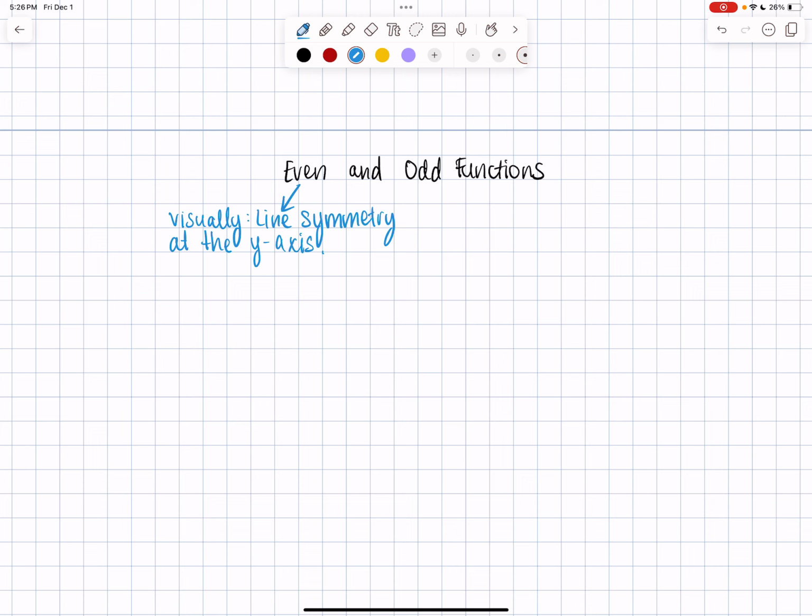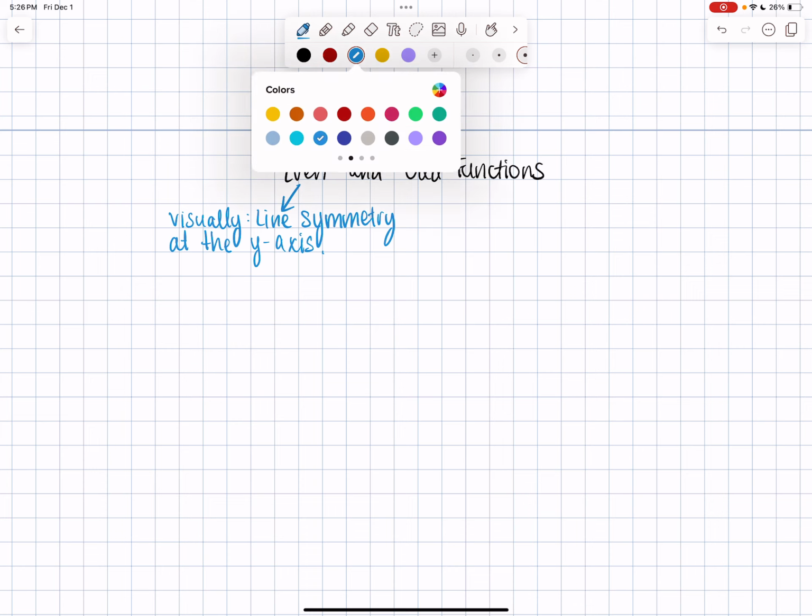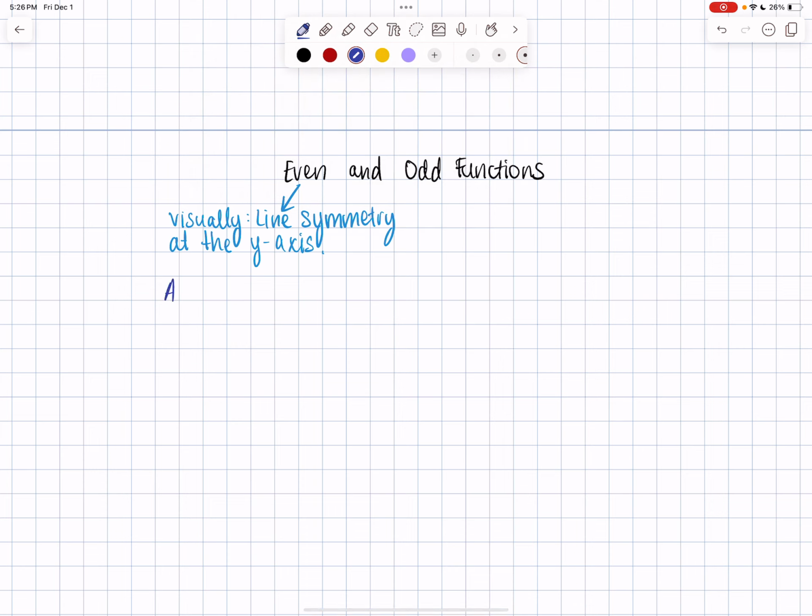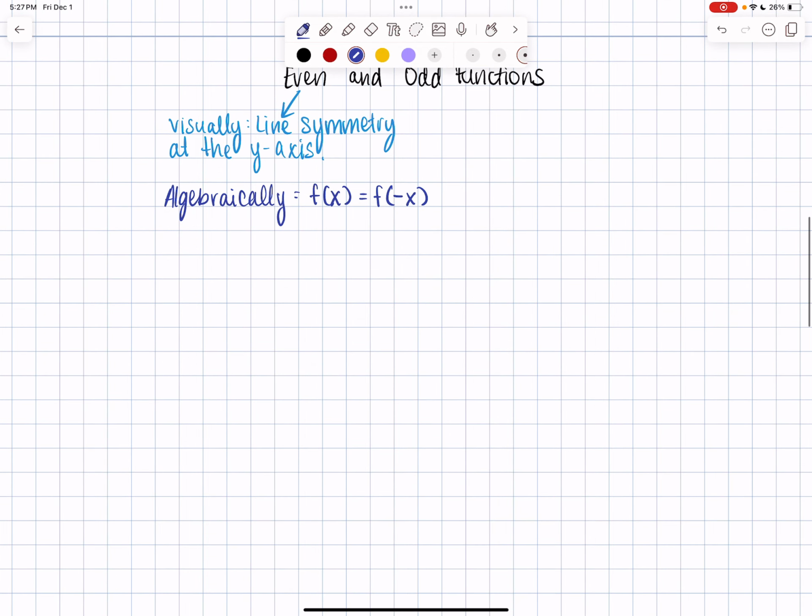Algebraically, this is written as f of x equals f of negative x. So you're folding the graph in half along the y-axis. That's how I like to think of it.